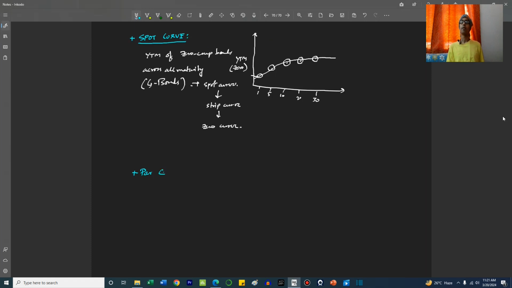Par curve. Par curve means we are trying to find the yield to maturity of coupon paying bonds, which results in them trading at par value, that is 100% of par. Let's say for a 1-year coupon paying bond, the coupon is 5%.